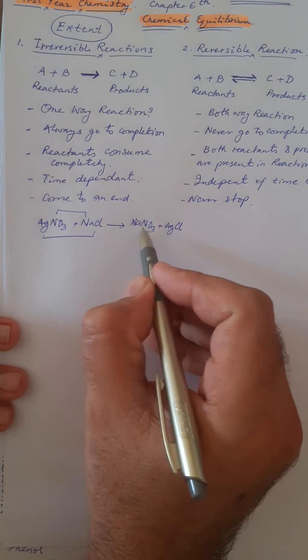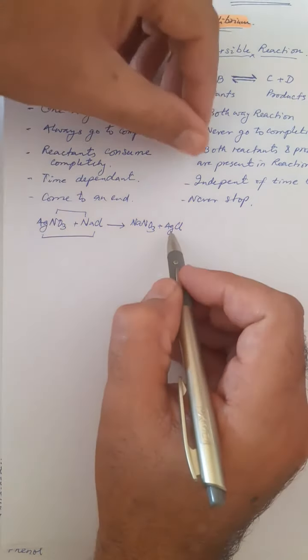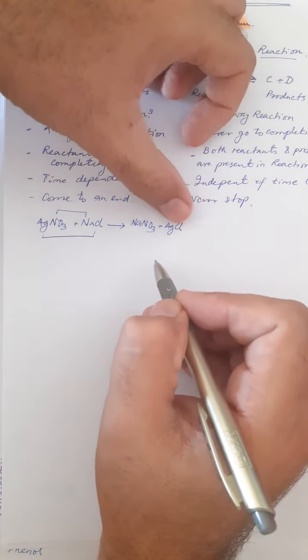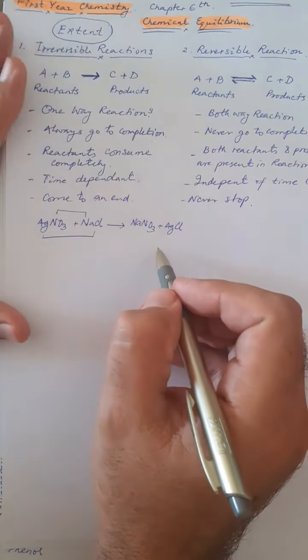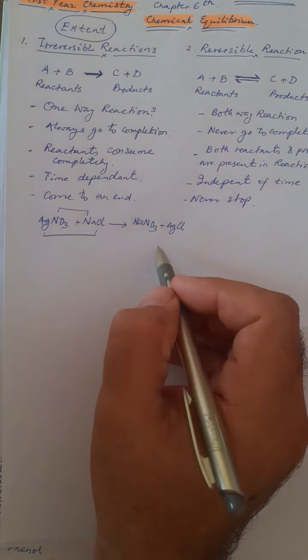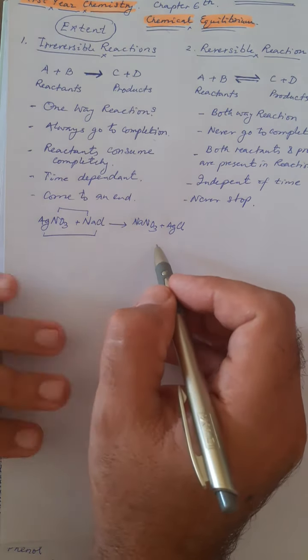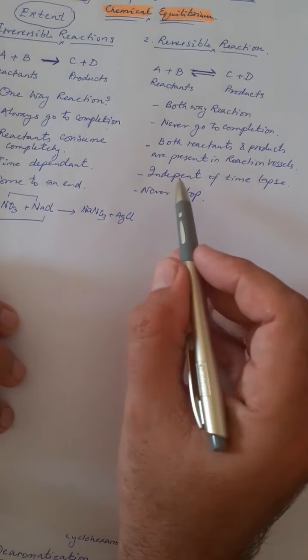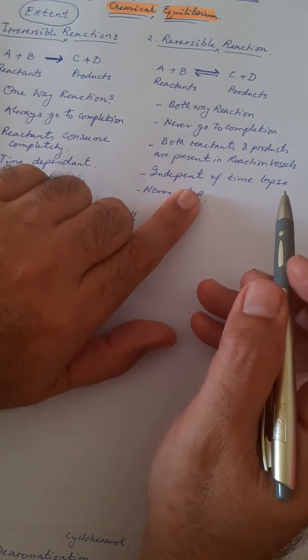Sodium nitrate and AgCl are two stable compounds within themselves. They don't want to react and come back to the reactant. This is an irreversible reaction. Many reactions are irreversible reactions, and that's good for them. Some reactions are reversible, and they are less in number.